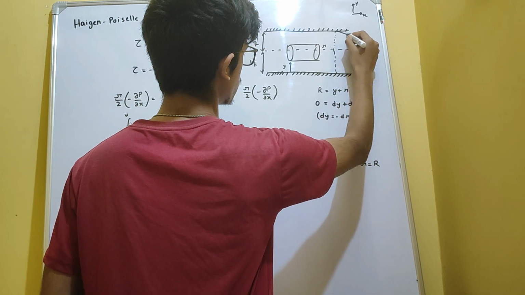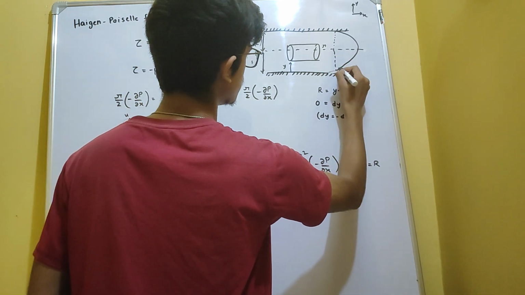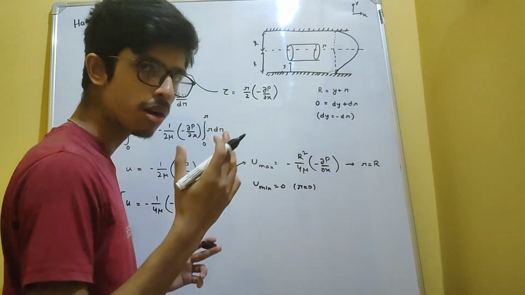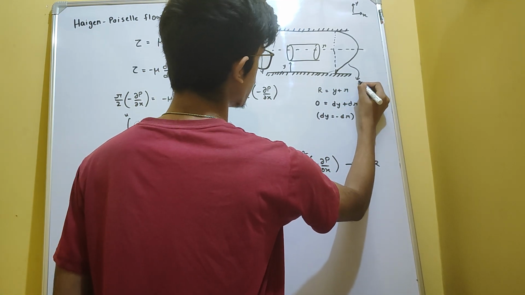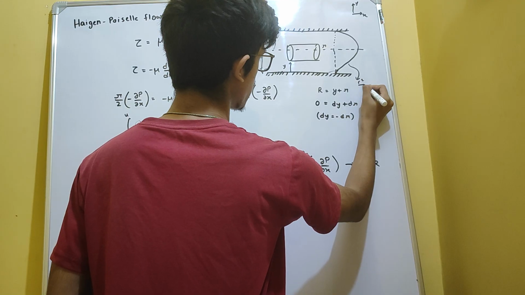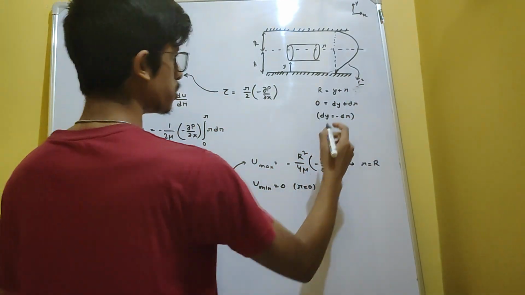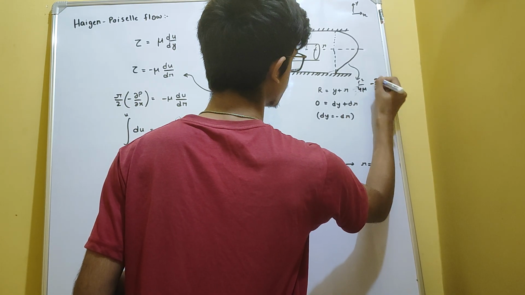If you join these two points, it will vary somewhat like this. This is a parabolic variation governed by the equation small r square by 4 mu, negative dou p by dou x.